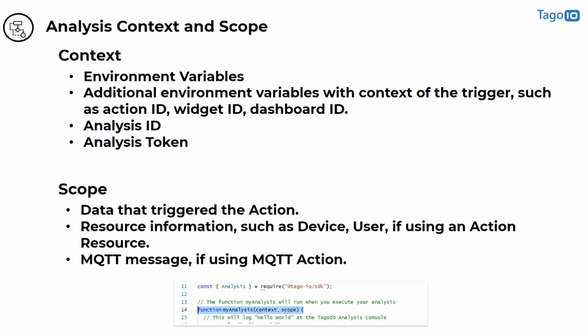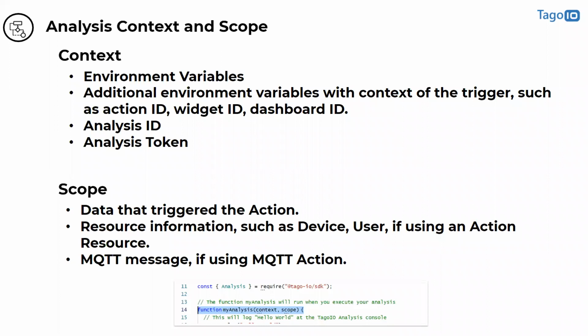The context, the first parameter, is basically about the context in which this analysis ran. Inside it, it will always be a JSON object, and you will have access to the environment variables that you set up in your analysis.